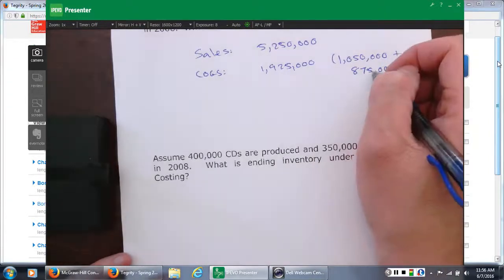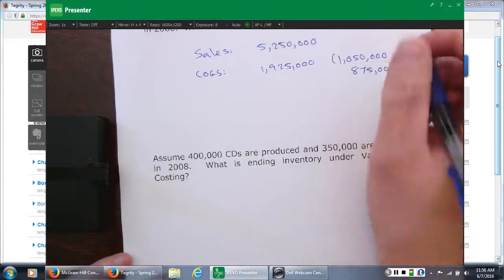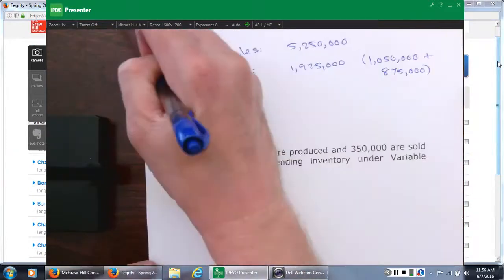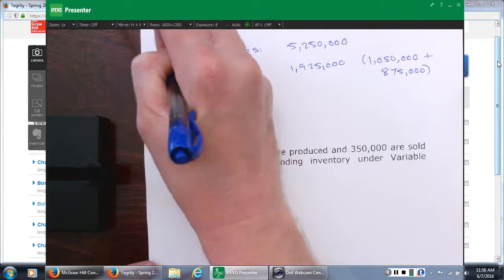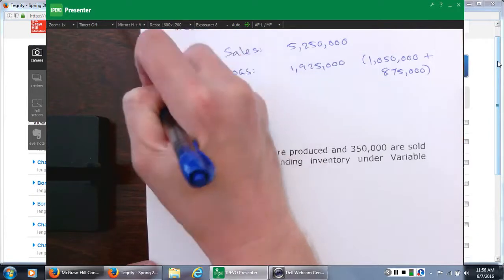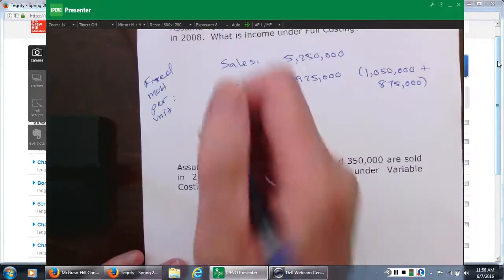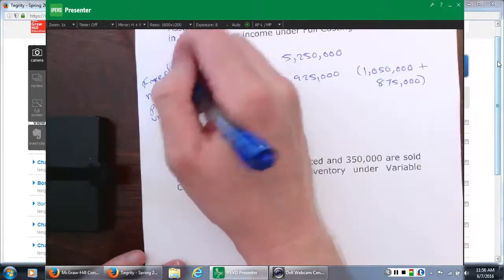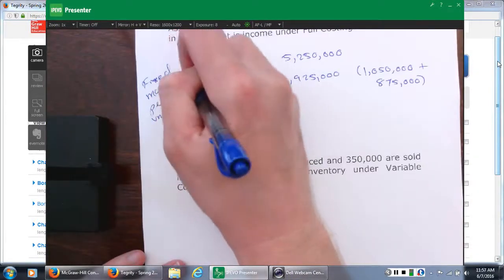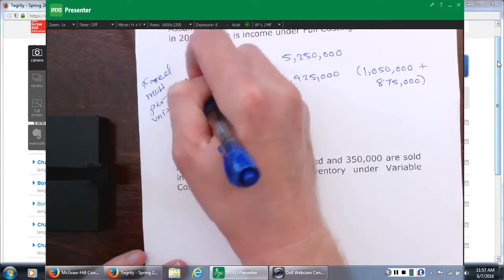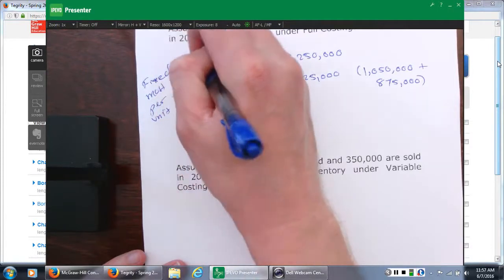The way I got that is I come over here and I have to figure out my fixed manufacturing overhead per unit. So I'll write that over here. Fixed MOH per unit is going to be equal to our total fixed manufacturing overhead of $1 million divided by my units produced of 400,000, which gives me 2.5.